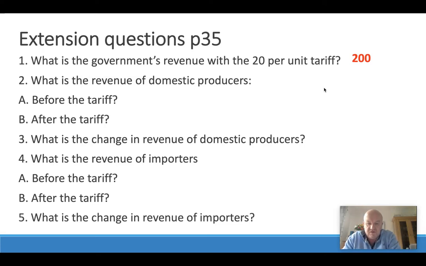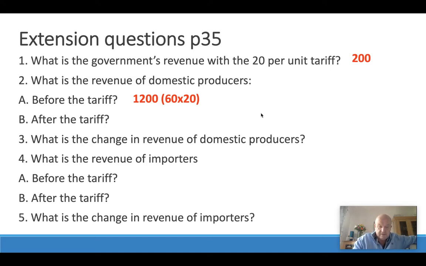Okay, what would be the revenue for domestic producers then, before the tariff and then after the tariff? Well, in this instance, before the tariff, domestic producers would be producing and selling essentially 60 units at 20p, which gives them £1,200.